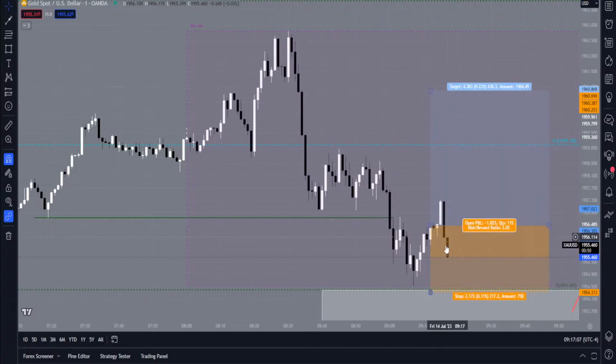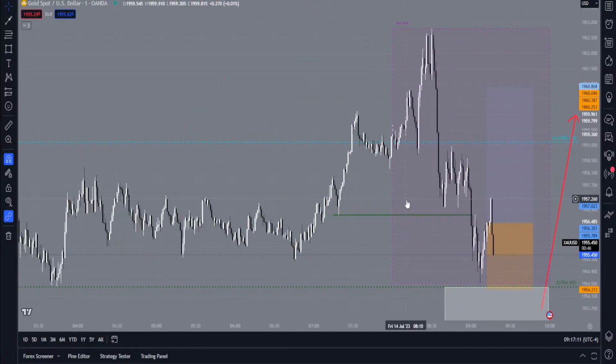Heavy sell-off right here. It could retest down here. Some support right here. There's also support right down here near our stop loss. It could retest.